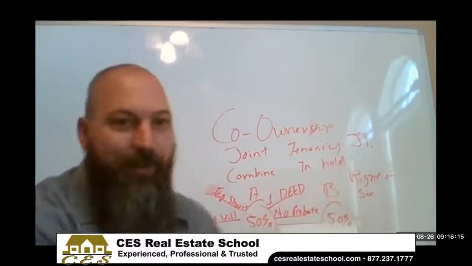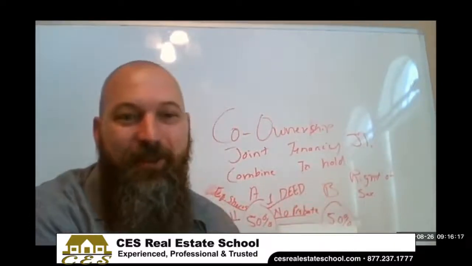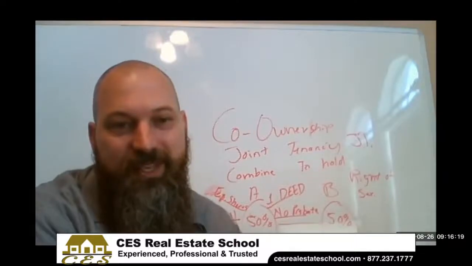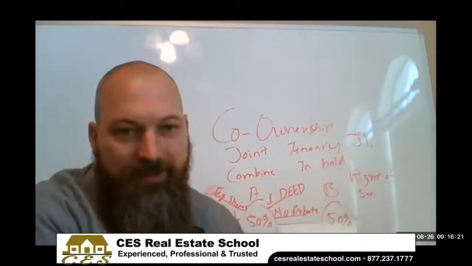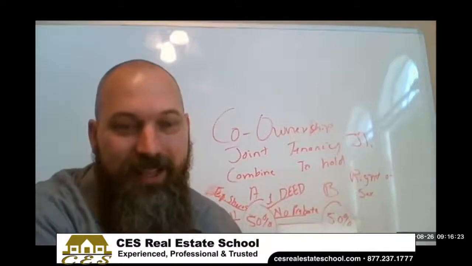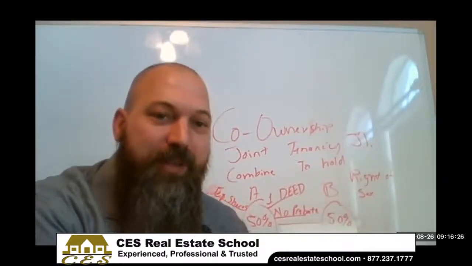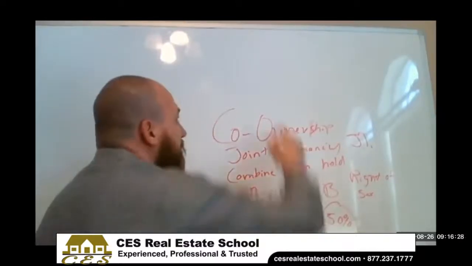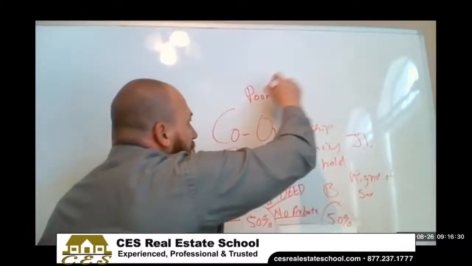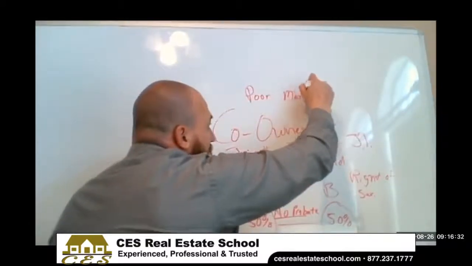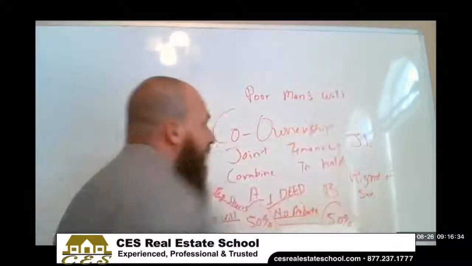All right, now that leads us to the other name of joint tenancy. And I've seen this probably 5 or 6 times on an exam. Another name for joint tenancy is going to be, I hope everybody can see this, a poor man's will. Okay?